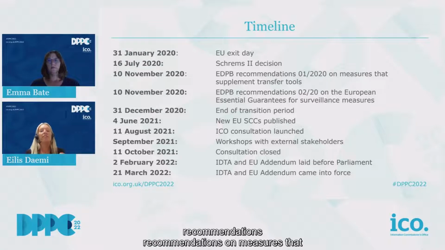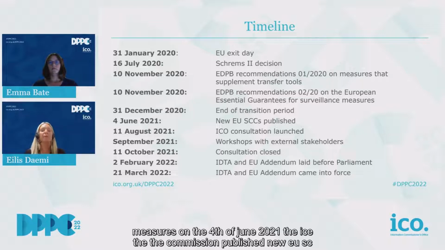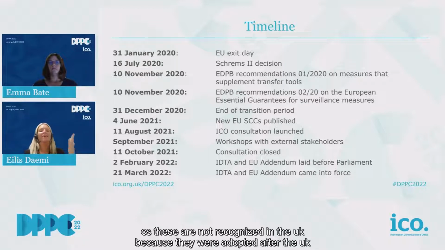Recommendations on measures that supplement transfer tools and also recommendations for the European essential guarantees for surveillance measures. On the 4th of June 2021, the Commission published new EU SCCs. These are not recognised in the UK because they were adopted after the UK had left the European Union.